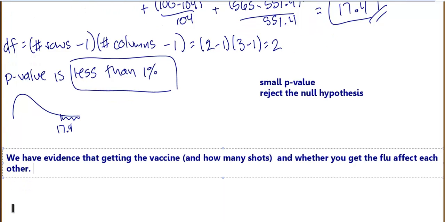And again, the test doesn't say whether it's the getting the flu affecting the vaccine or the vaccine affecting whether or not you get the flu, or both of them affecting each other. Sometimes you can figure that out by pure logic, sometimes you're not sure, and maybe sometimes it really is that they both affect each other.